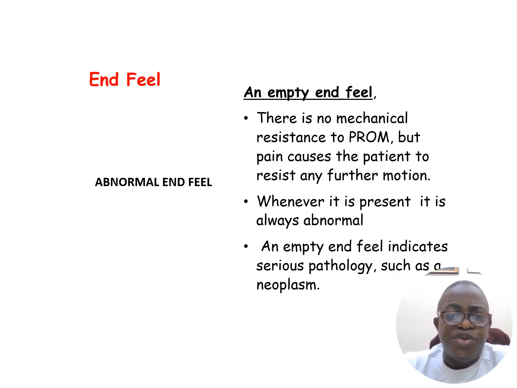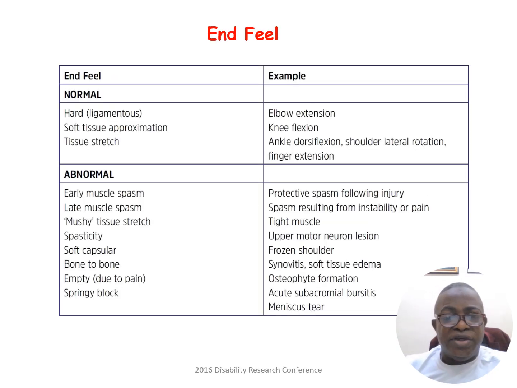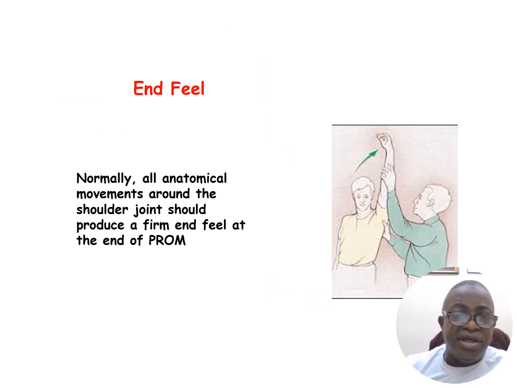So while soft tissue or approximation, hard or bony, and firm end feel are normal, springy end feel, empty end feel, and some other ones that are less common than these five are abnormal. You're going to see the list of many other end feels on this table. Although the five common ones are the soft tissue, the hard, the firm, and then the abnormal ones, we have the springy, and then we have the empty. But there are also other normal and abnormal end feels that have been described in the literature.